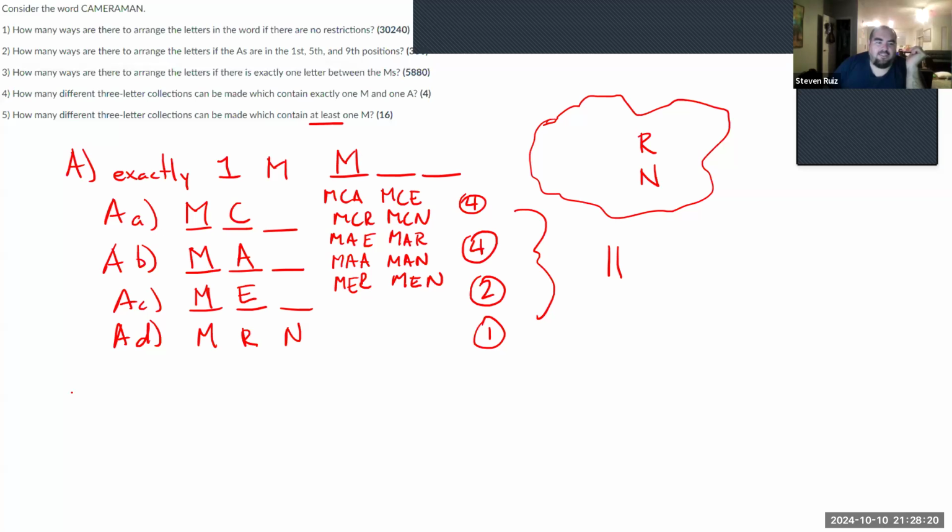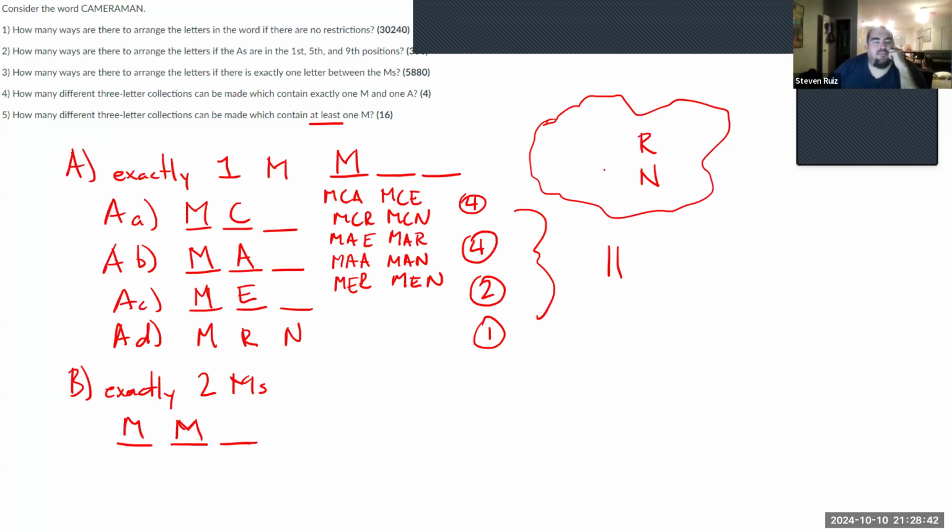Now I'm moving on to case B. Case B is where I have exactly how many M's? Exactly 2 M's. Okay, so let's look at that. So M, and then I have to decide what goes in this third blank. What's the next thing I'm going to pick?